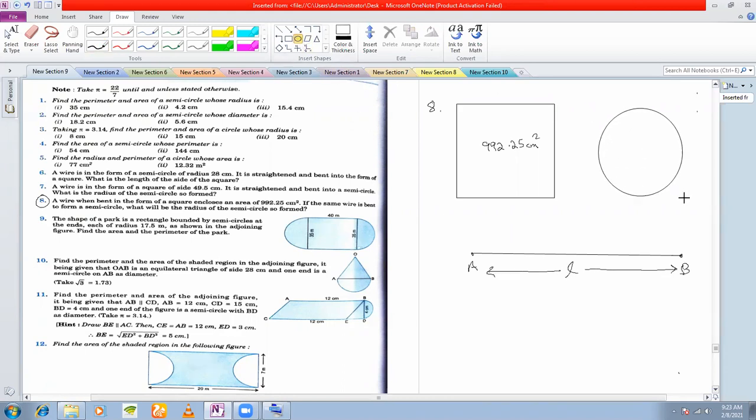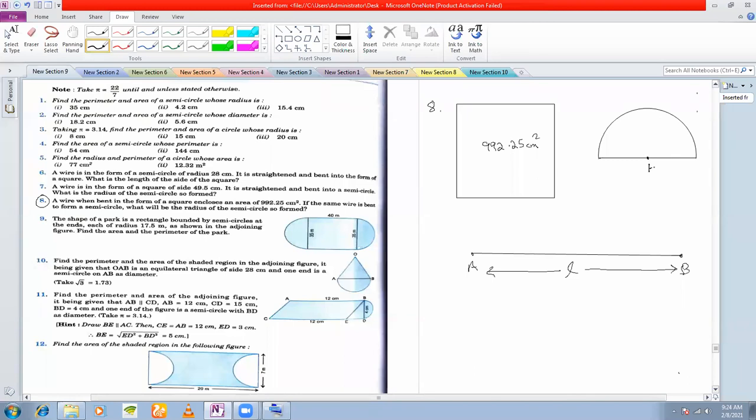I'm making a semicircle out of this wire. The question is, what will be the radius of this semicircle?